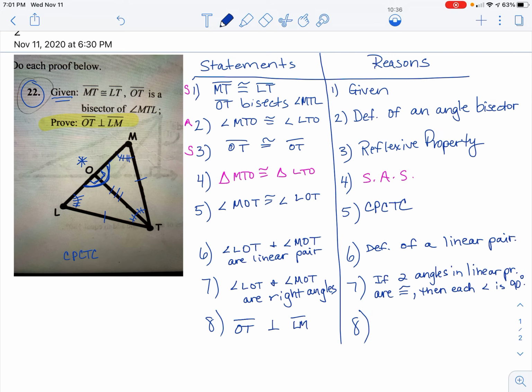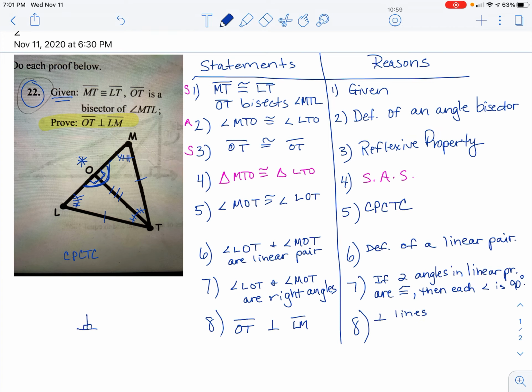How did I get to that conclusion? Because perpendicular lines are lines which intersect to form right angles. And that's what I was showing you over here just a minute ago. Perpendicular lines are going to form right angles. Well, we just proved that LOT and MOT are right angles. So perpendicular, I'm going to use the symbol here.